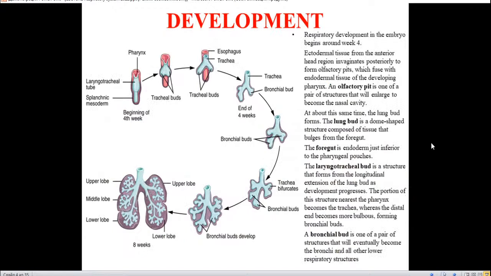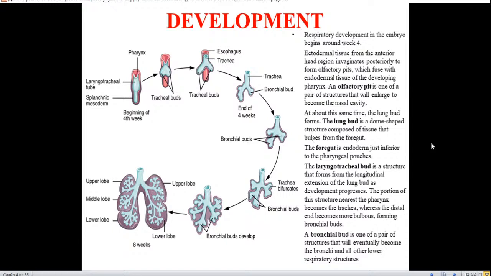When we're talking about ontogenesis of the respiratory system, you can see that it starts to develop approximately at the 4th week of embryogenesis from an ectodermal tissue from the anterior head region, which invaginates posteriorly to form olfactory pits which fuse with the endodermal tissue of the developing pharynx.